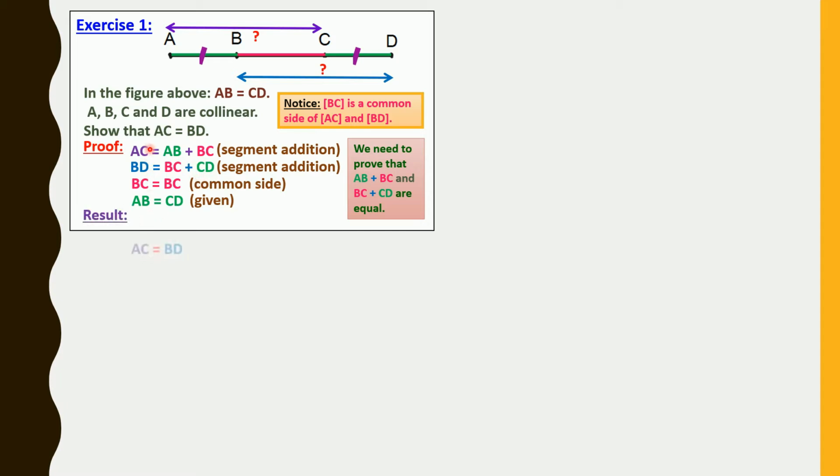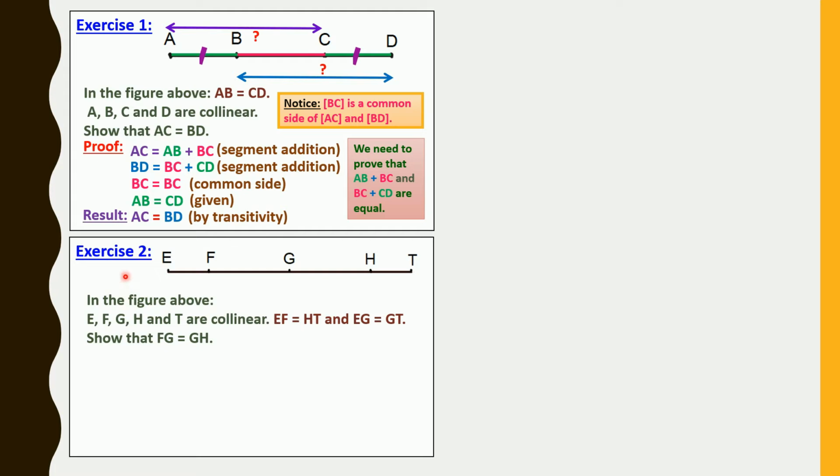Result, AC equals BD by transitivity. So here we notice that the two quantities that we are proving are equal are in fact the sum of two segments. And to prove that these two sums are equal, we need to prove that each element of these two sums is equal to the elements of the other sum.